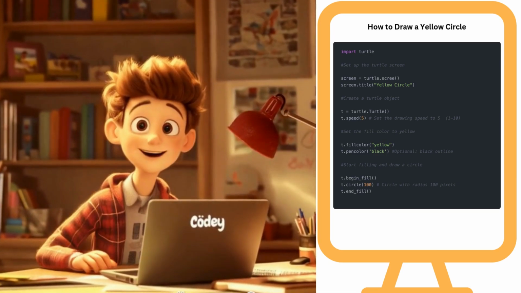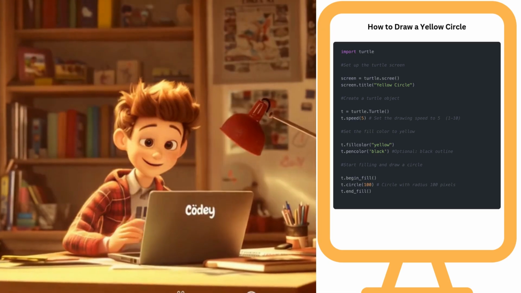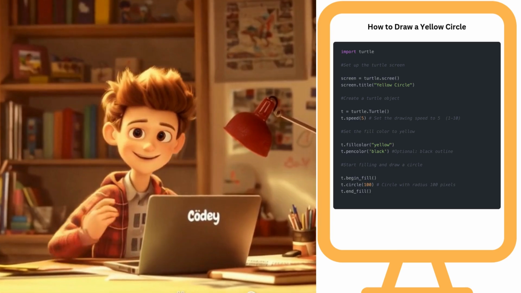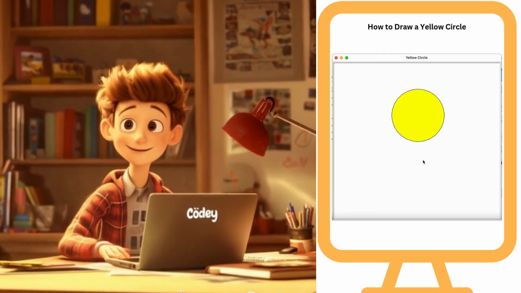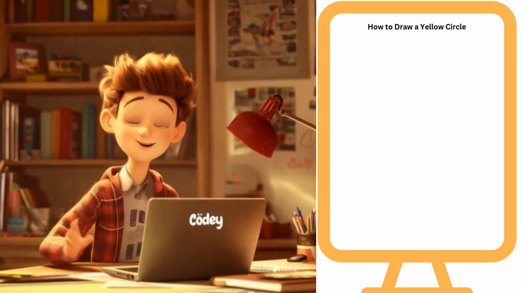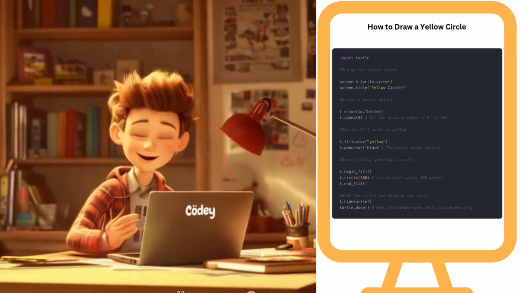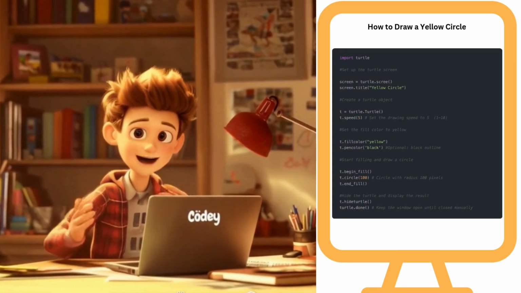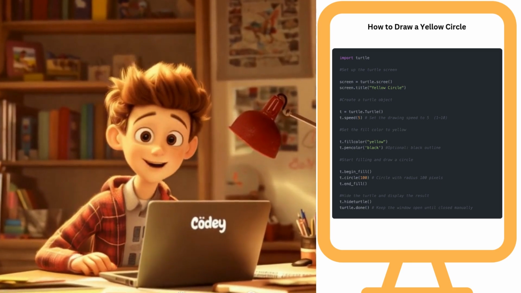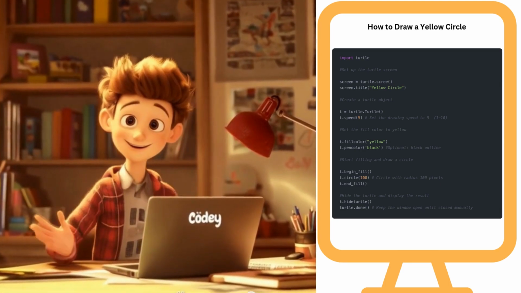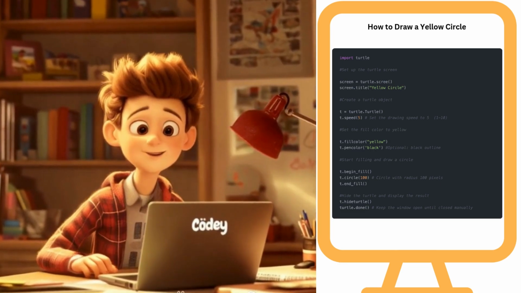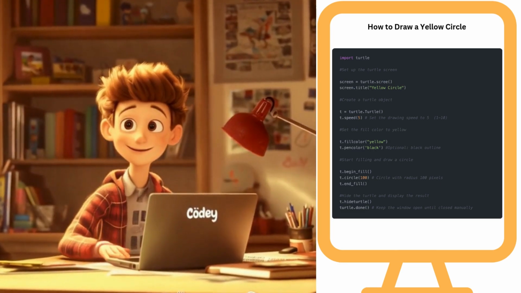And when he's done, end fill tells Toby to pour the yellow paint inside the shape he just made. Ta-da! We have a big yellow circle. That's what t.end_fill() does. Now that the artwork is done, Toby says, "My job here is finished," and he quietly hides so you can admire the art without him hanging around.